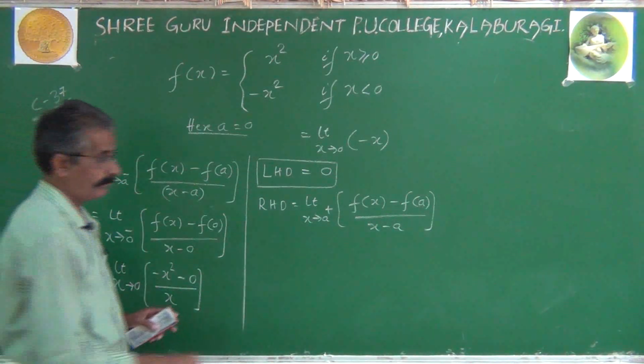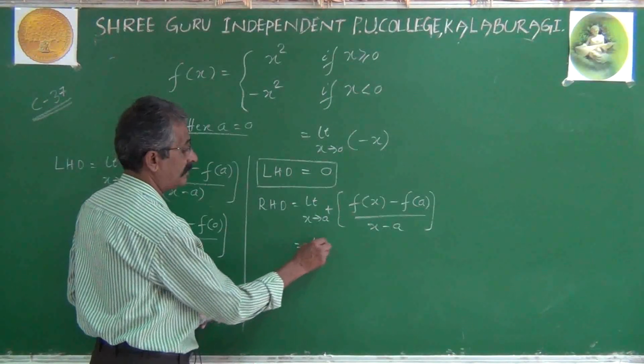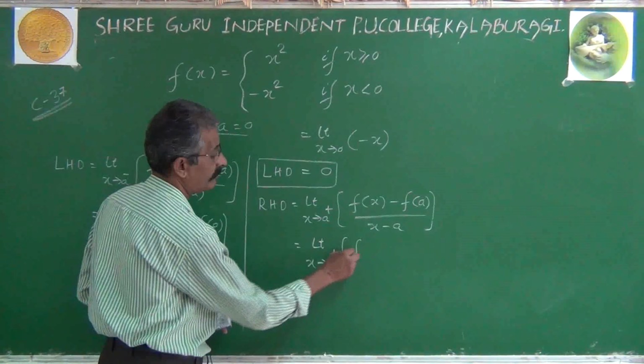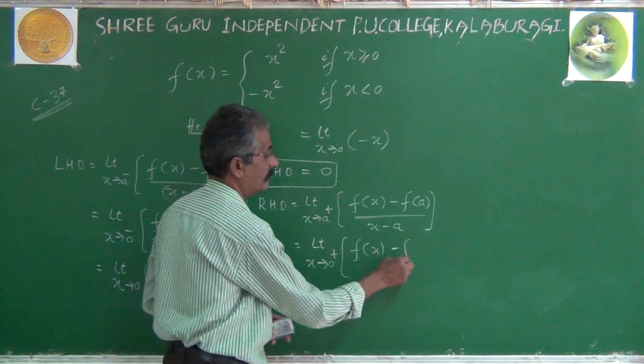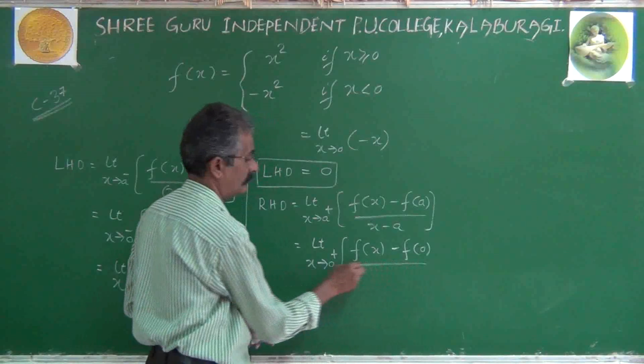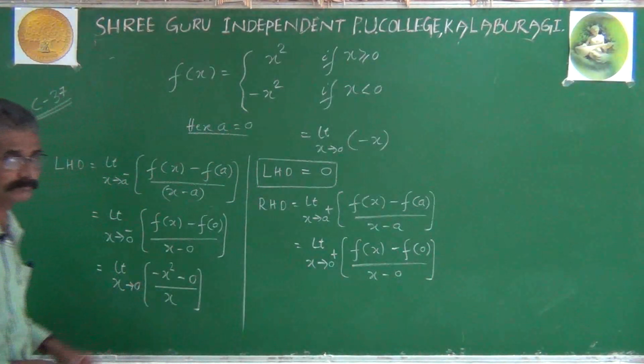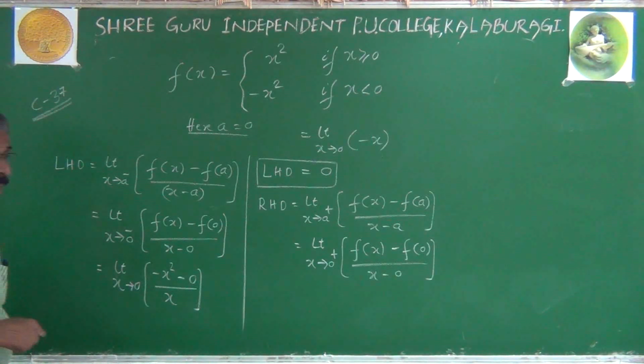Here a means 0, so the limit as x tends to 0 plus of f of x minus f of 0 by x minus 0. What is the meaning of 0 plus?